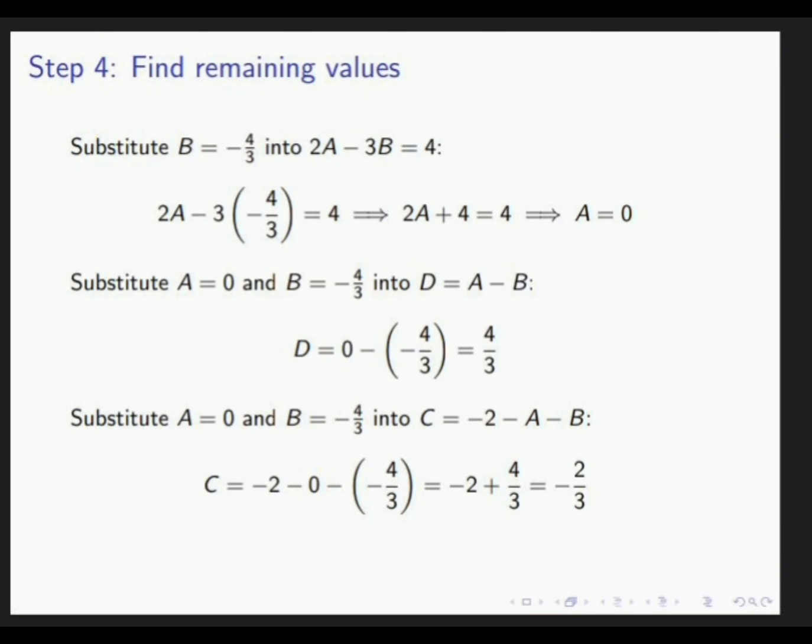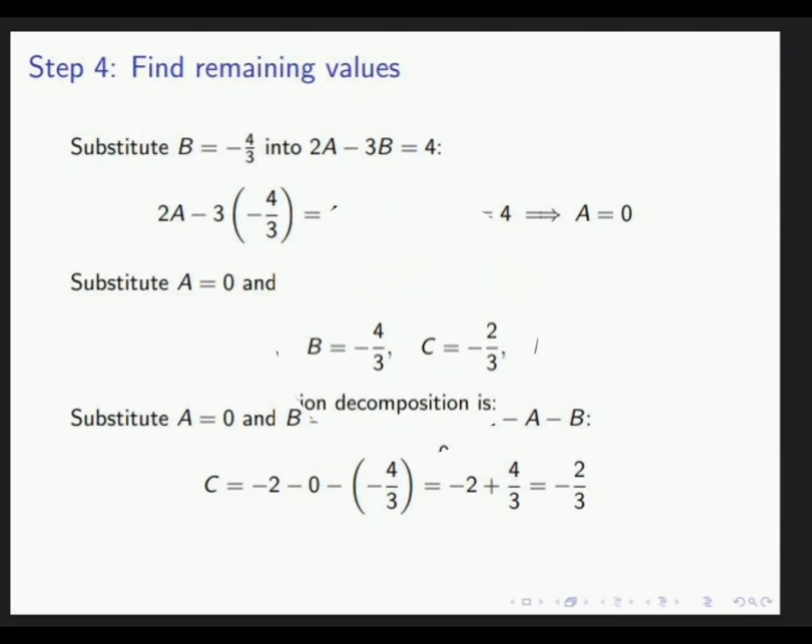By substituting it, we have a equals 0, d equals 4 over 3, and lastly c equals minus 2 over 3. So this is the end of the partial fraction. We can now substitute all of the variables we've gotten back into the partial fraction decomposition to have our final answer.